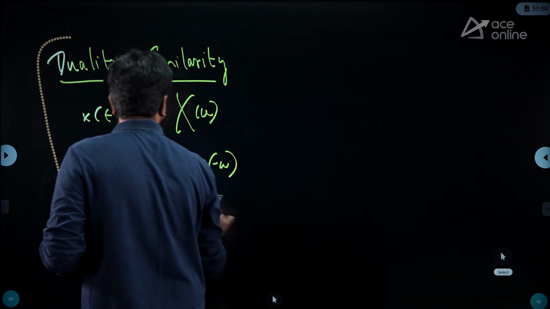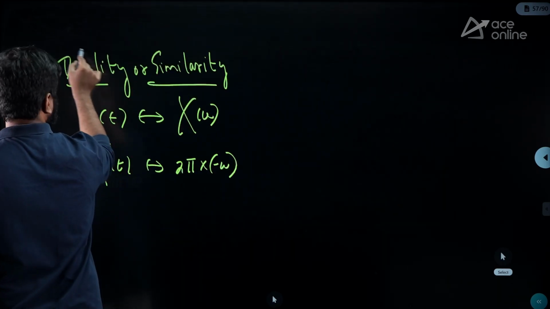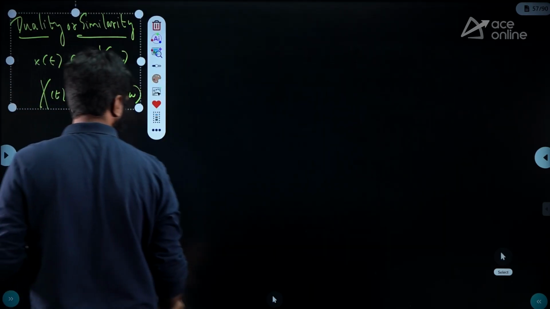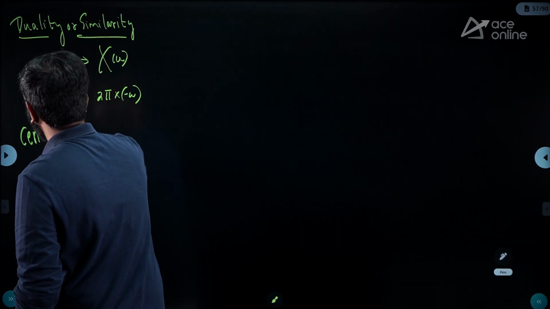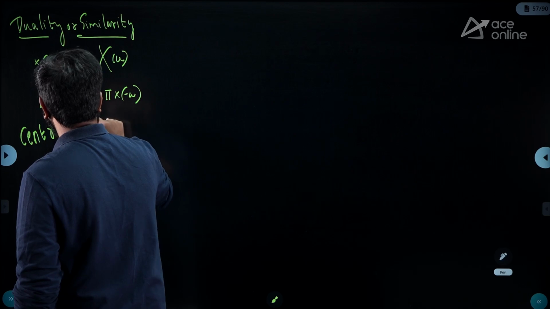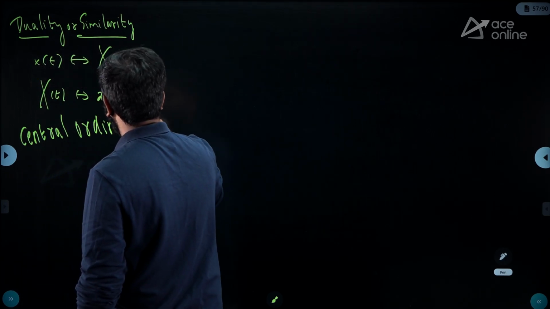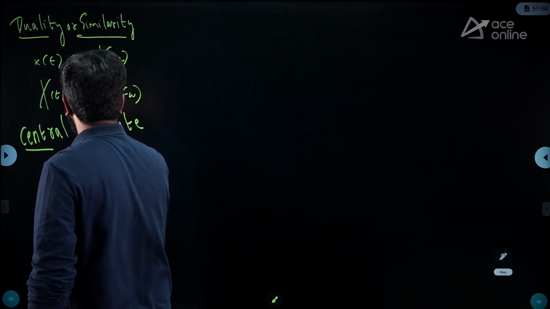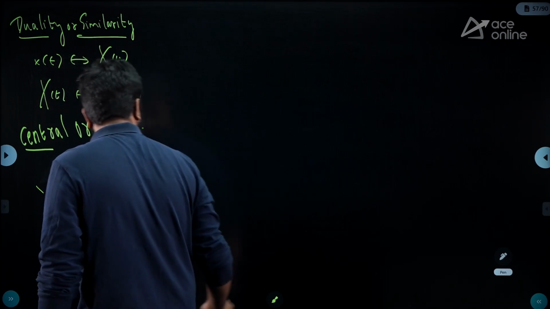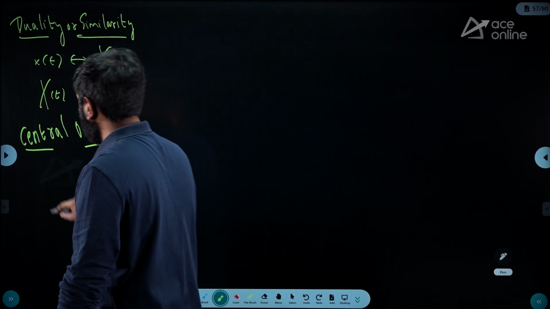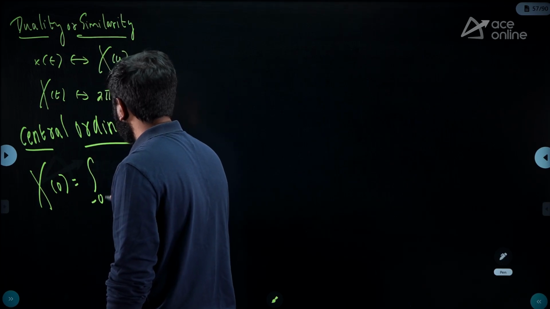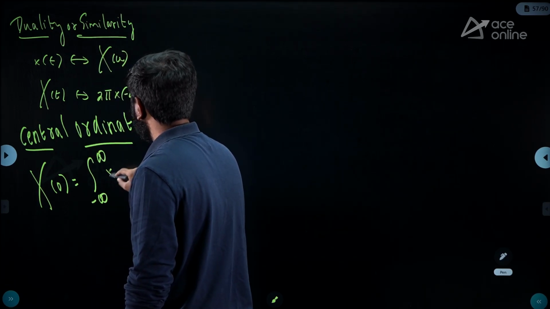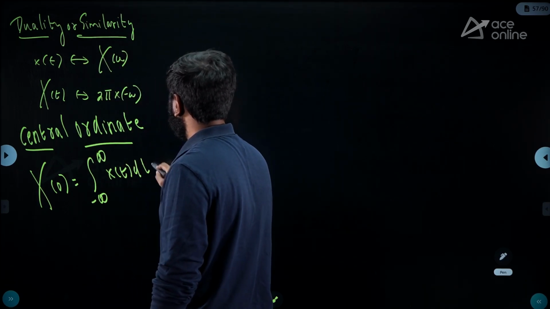And there is the central ordinate property. So what does this say? Capital X of 0 value, this is very important. Capital X of 0 is the integral from minus infinity to infinity of x of t dt.